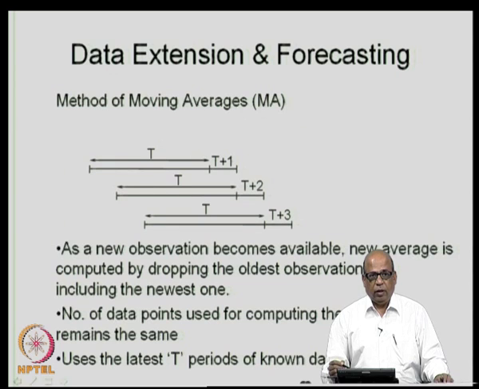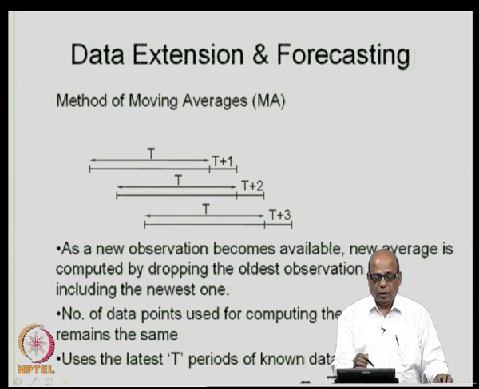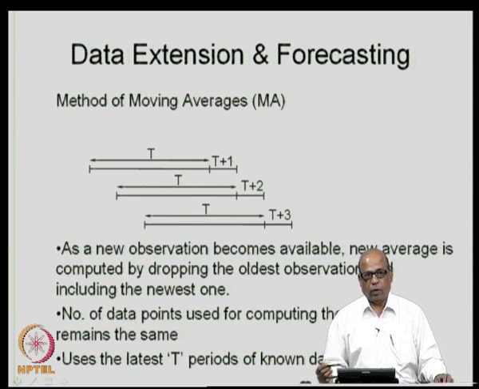Now, as I said, instead of using all the values before, we use the values during a fixed time period and call that the moving average method. So, we keep shifting the time window by one time step and take the averages over the same number of time steps and call that your forecast.